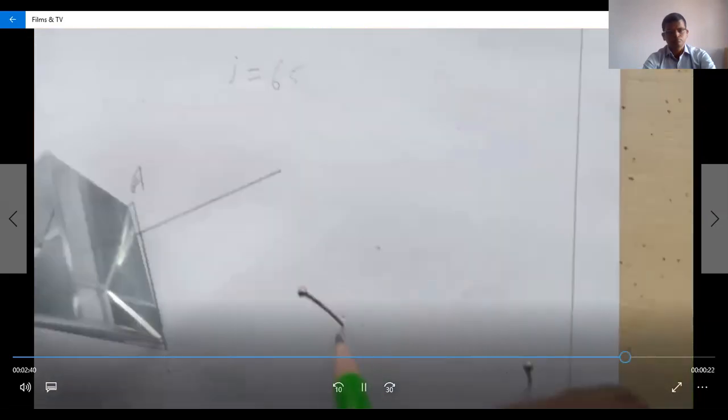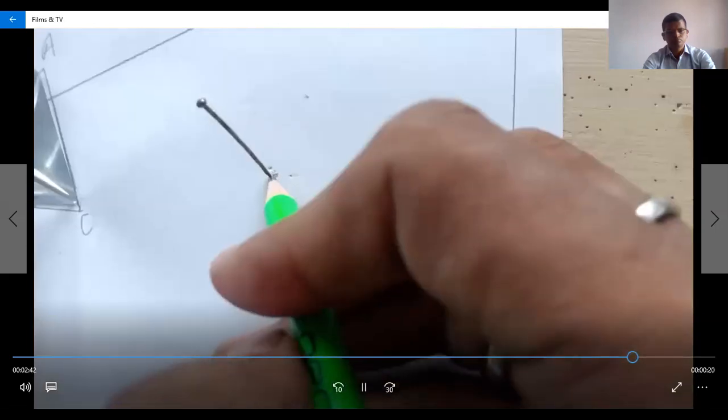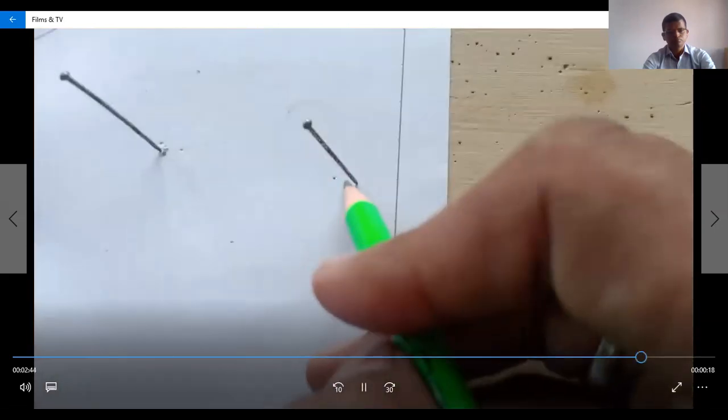So here we find two more points. With the help of a pencil, we mark here our first point, and then the second point.